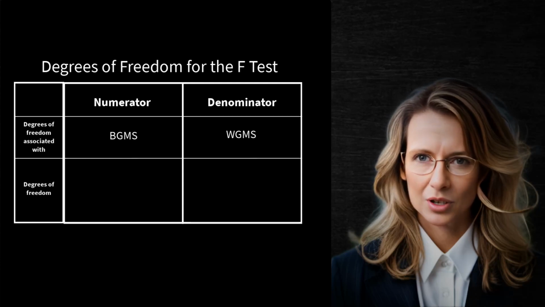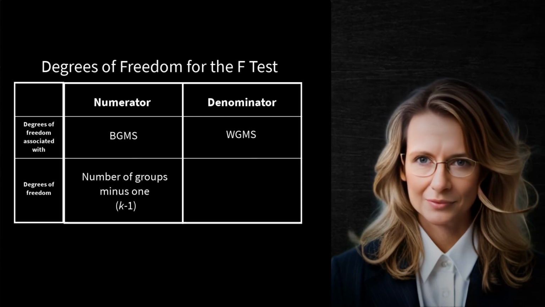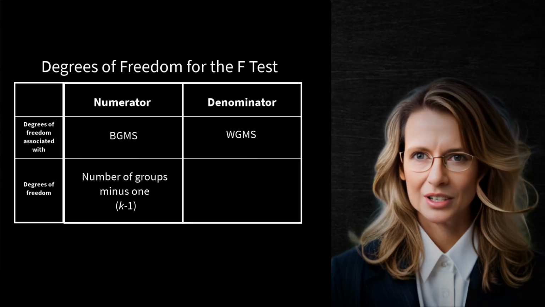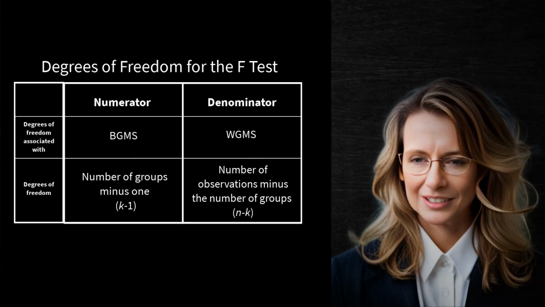As you learned in part 1 of our video on basic ANOVA theory, the degrees of freedom in a one-way ANOVA for between groups mean square is the number of groups minus 1. The degrees of freedom for the within groups mean square is the number of observations in the study minus the number of groups.